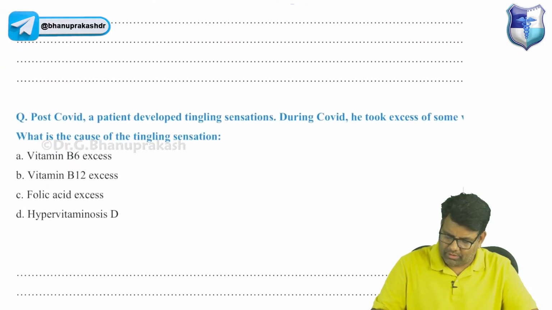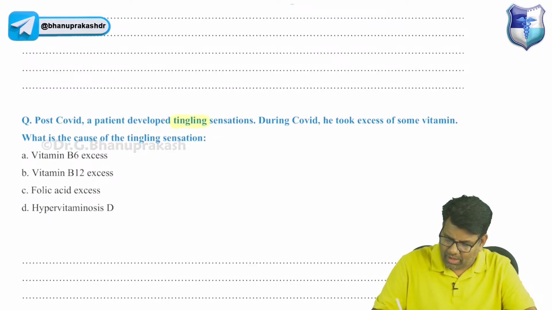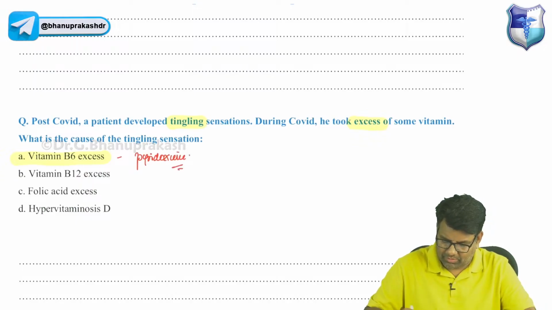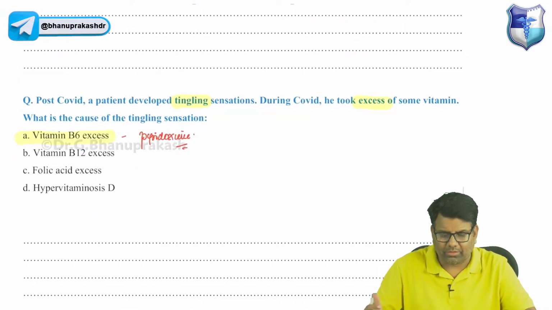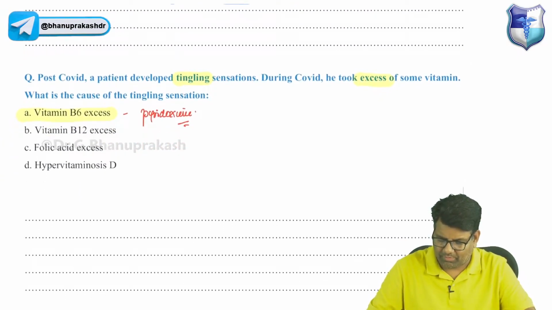Or post-COVID, a patient develops tingling sensation, and as per him, he took some kind of medicine during that time. Pyridoxine. Yeah, that can lead to it, Raghu, absolutely right. So this is tingling sensation because of excess of pyridoxine.